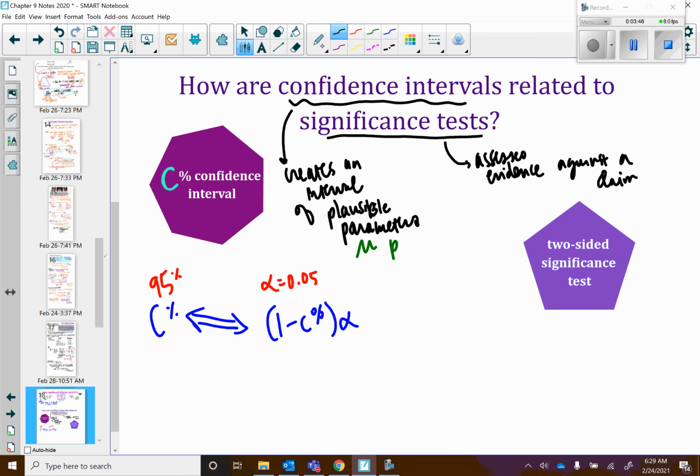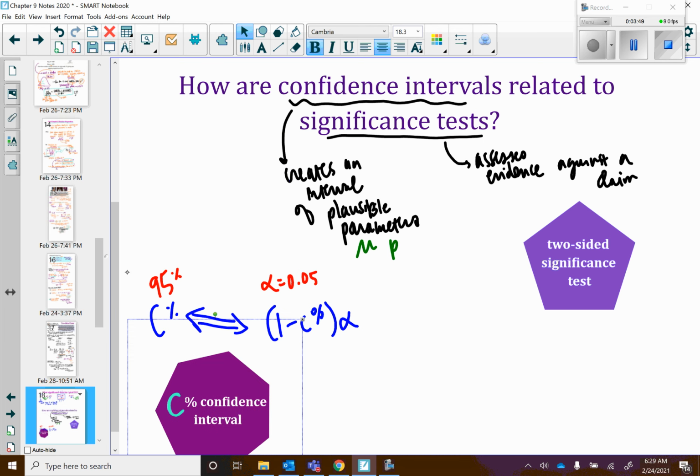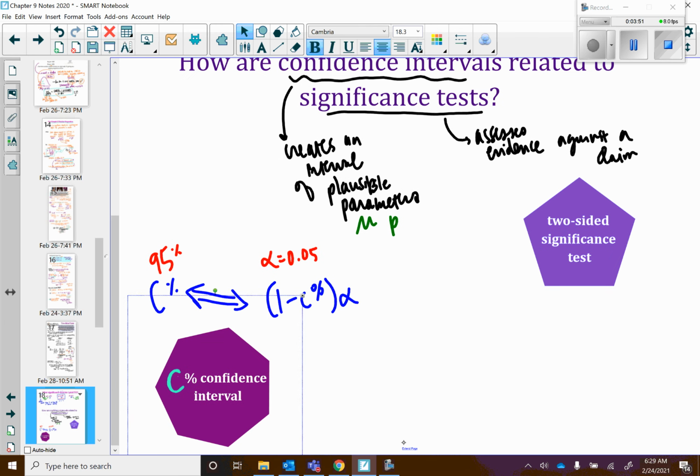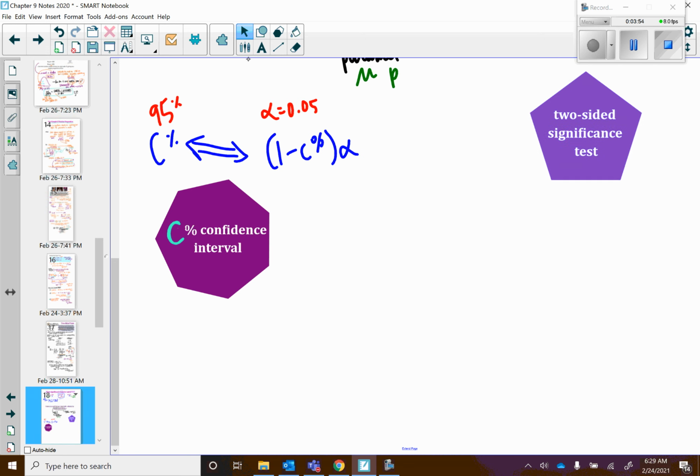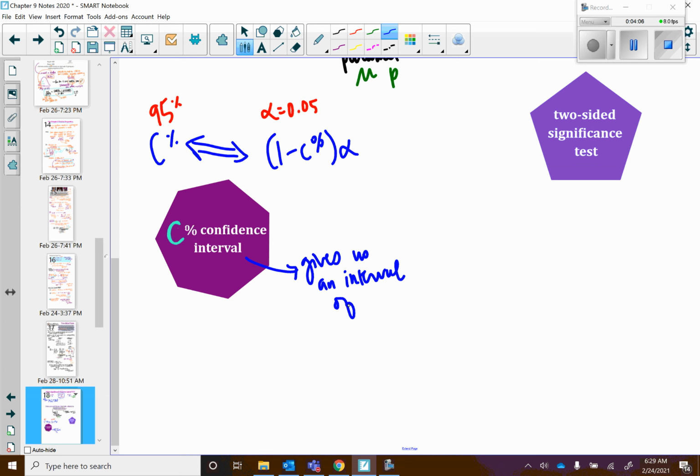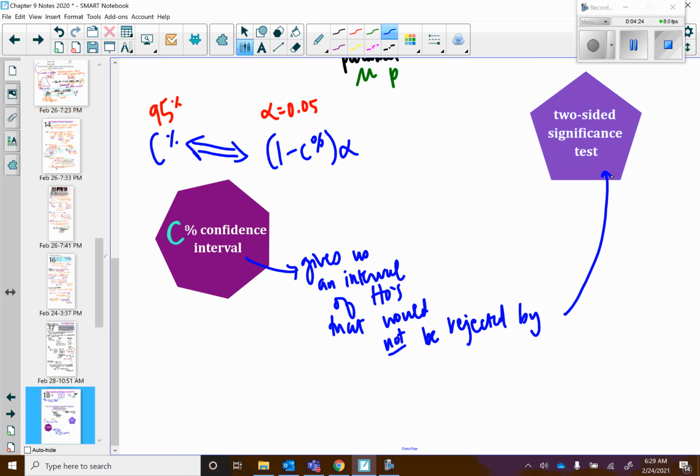So one thing we could say is a confidence interval, a C% confidence interval, gives us an interval of null hypotheses that would not be rejected by a two-sided significance test.